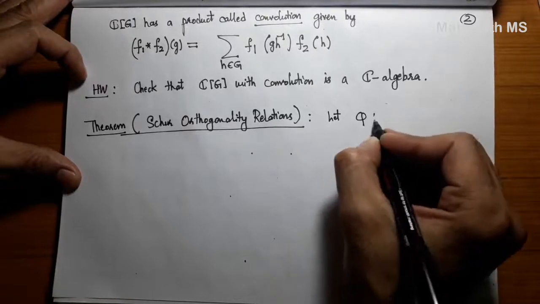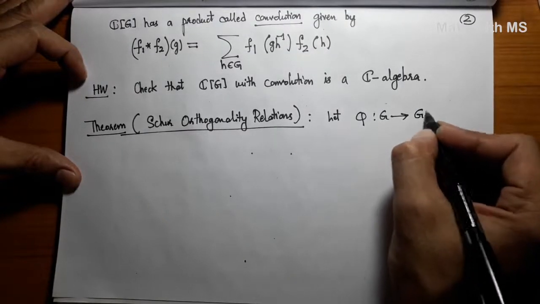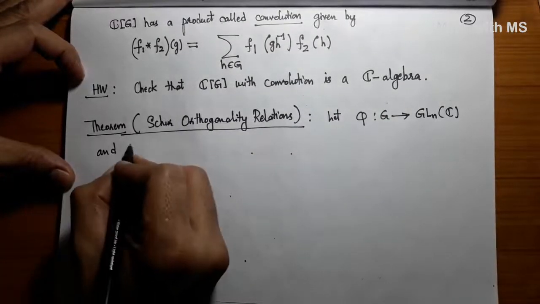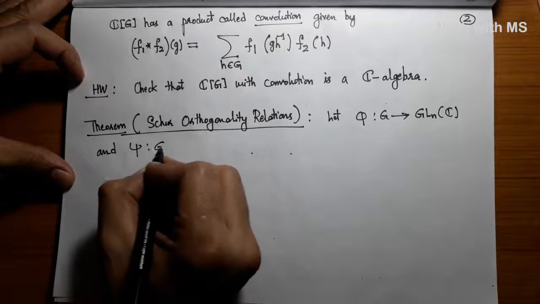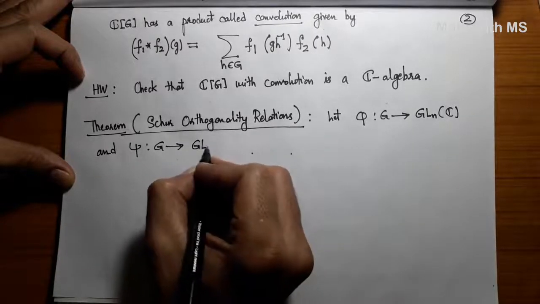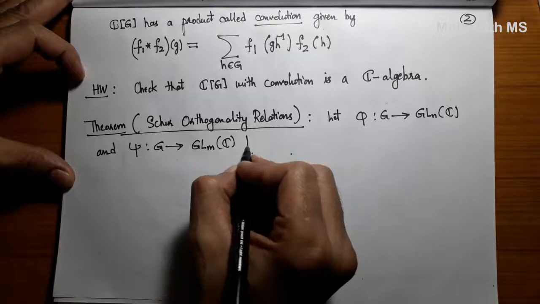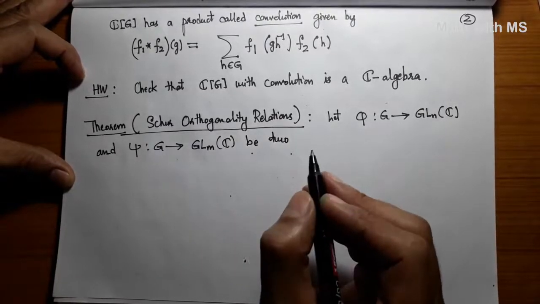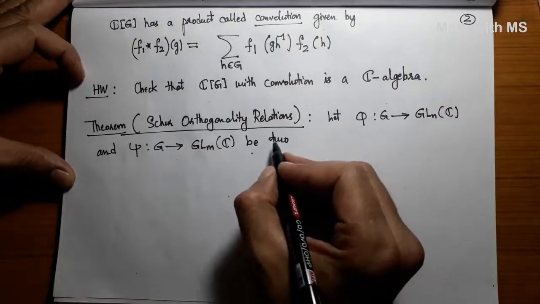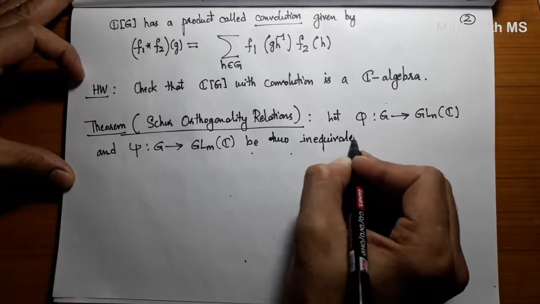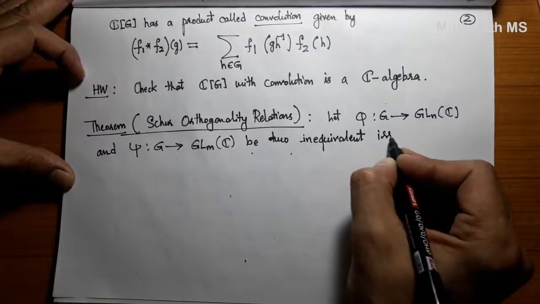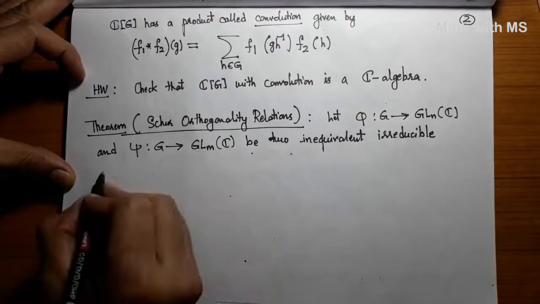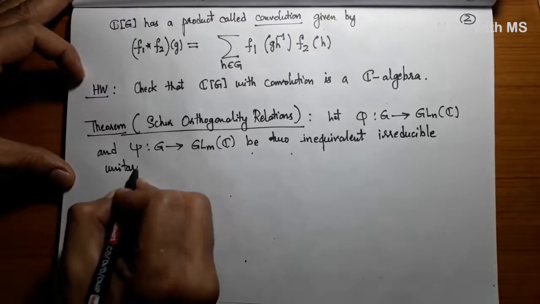Let phi from G to GL_n(C) and psi from G to GL_m(C) be two inequivalent irreducible unitary representations.